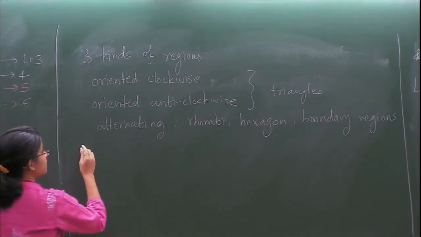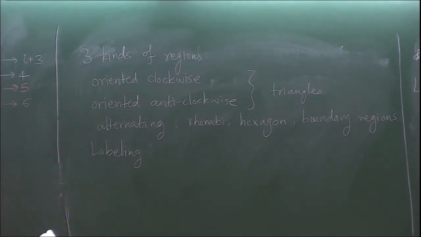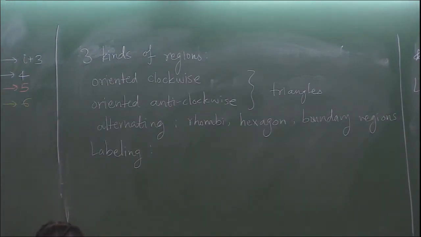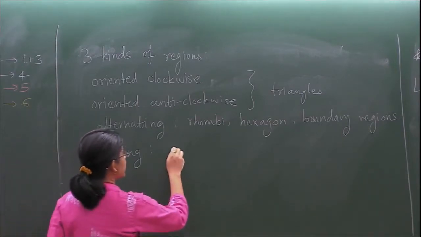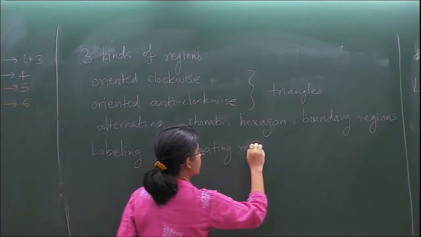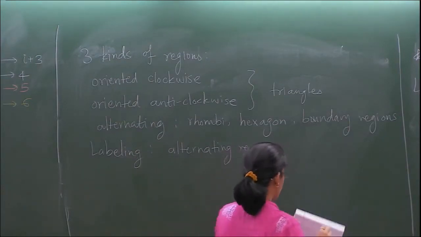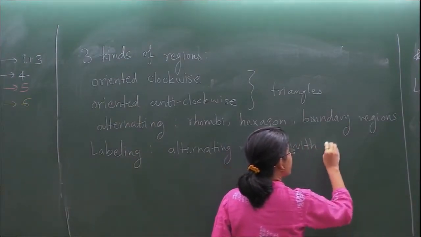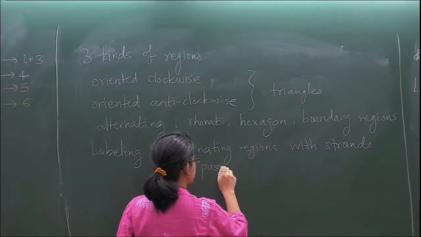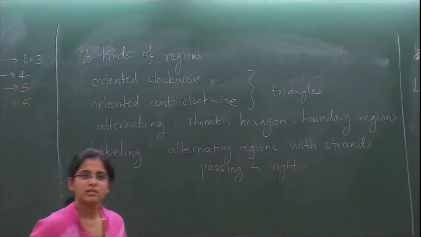So labeling is a little involved. We label alternating regions with strands passing to the right. Or it's easier to say the other way.